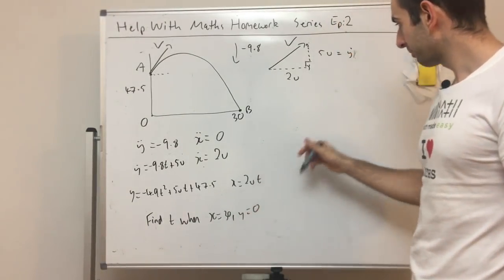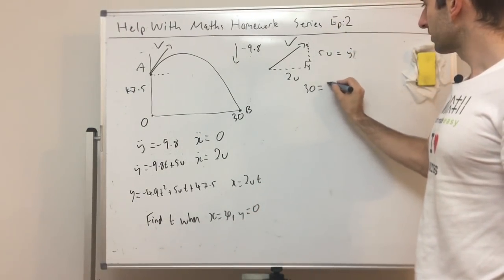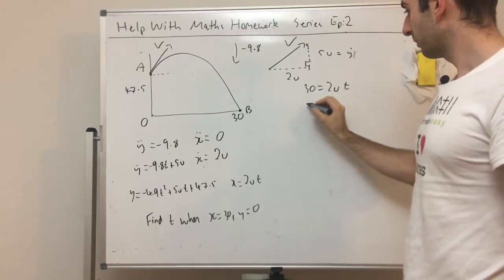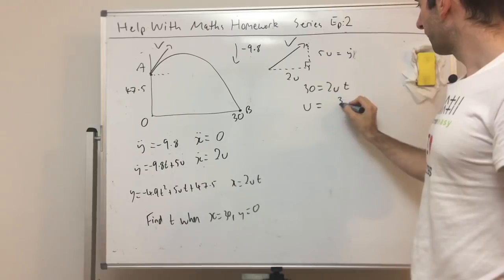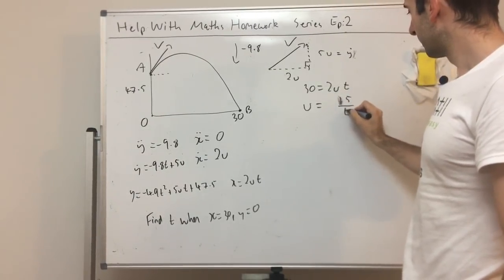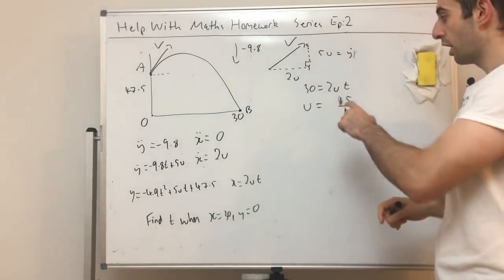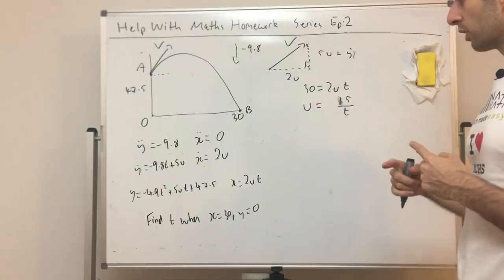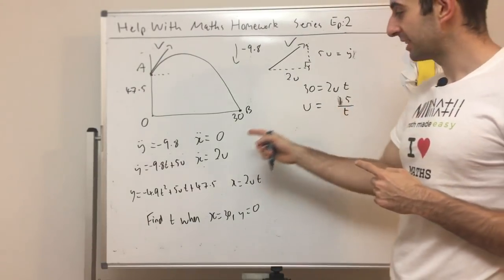If we sub in here, we get 30 equals 2ut. So if we want, we can say u equals 15 on t. There's a reason I'm subbing u and not t, because we want to find t. So the key is to get rid of u.